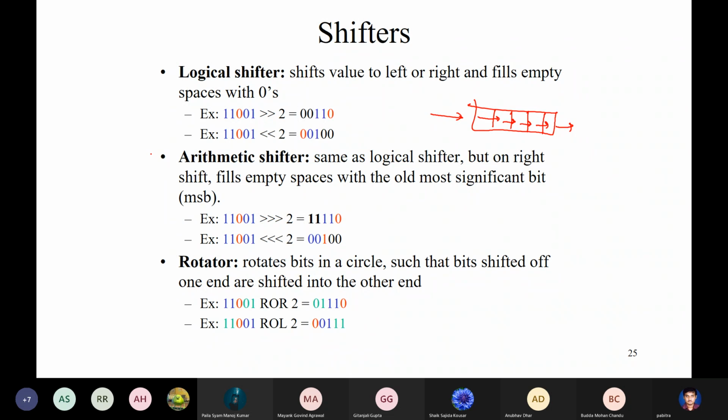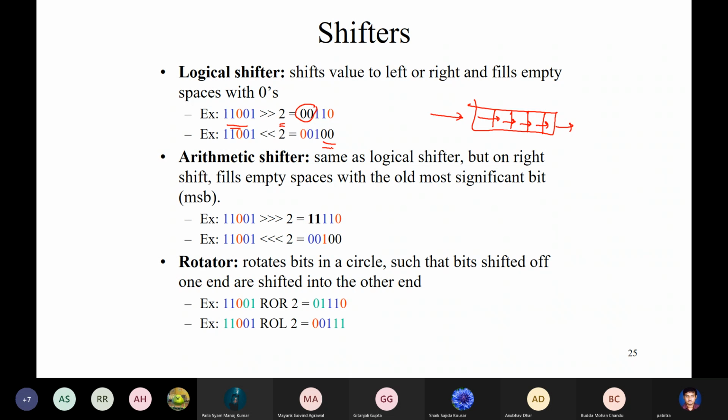So for example, if this is the input and I have shifted, you can see this will be filled with zeros. This is a left shift, this is a right shift. You can see these two are filled with zeros. So can you tell me arithmetically what is the operation done by this logical left shift and right shift?